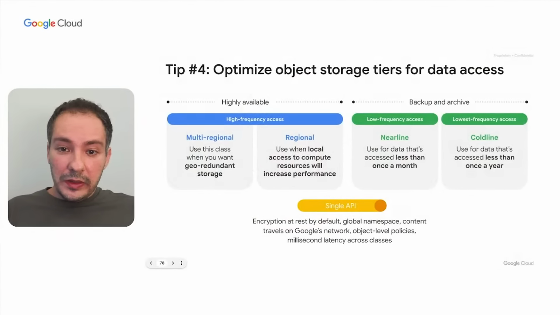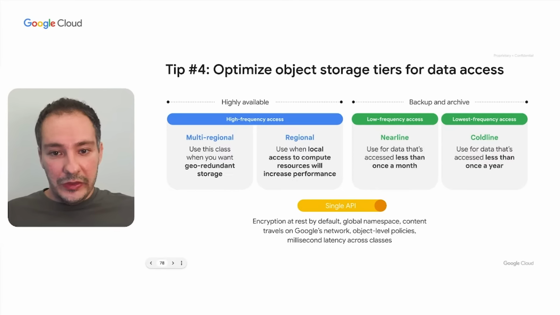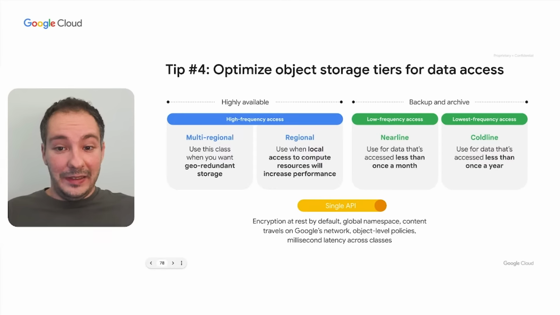Tip number four, guys. For example, when we're talking about cloud storage, you have different tiers according to your access frequency. If you access your data with high frequency, you can use, for example, a standard tier, where your data will be highly available.